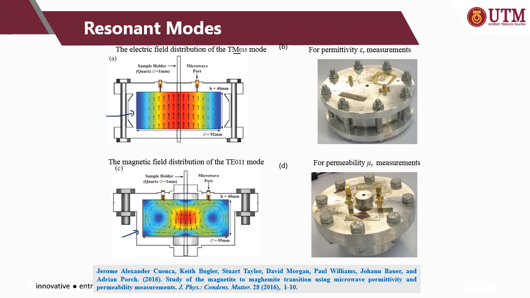These two represent cavity resonators, in which the sample is placed in between the two metal plates so that the relative constant of the materials can be determined.